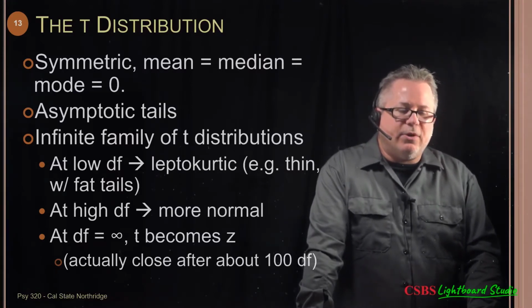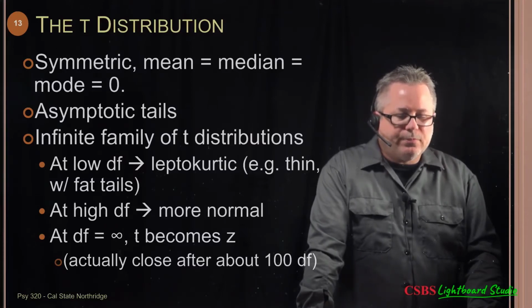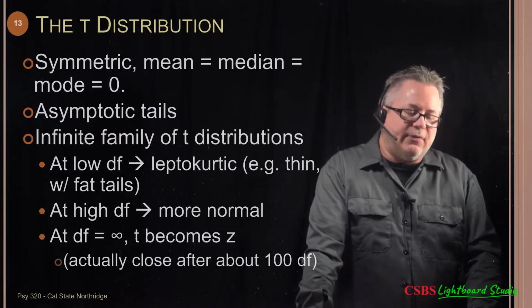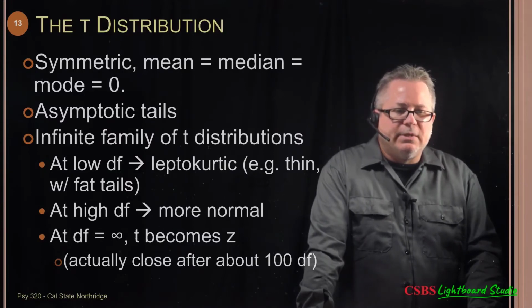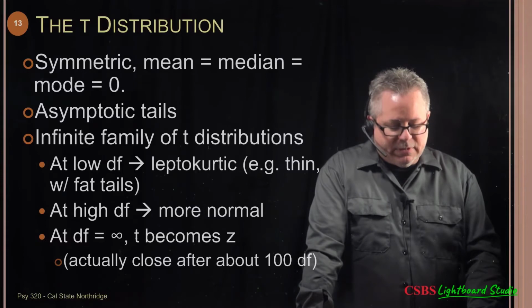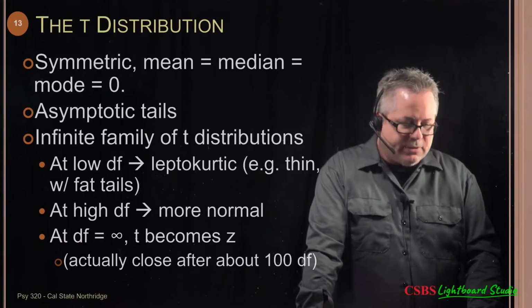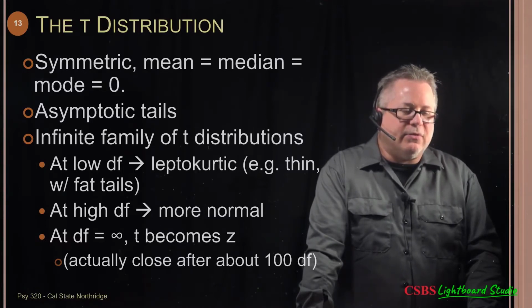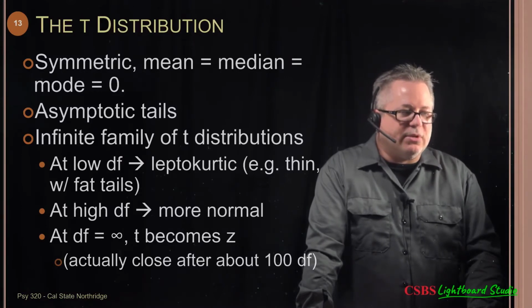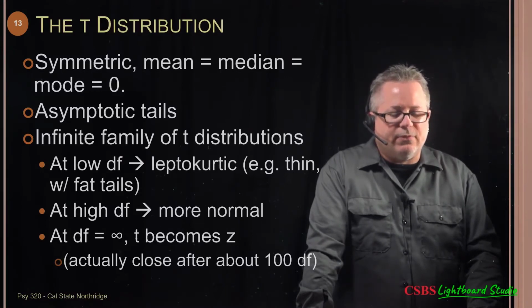At high degrees of freedom, it becomes a lot more normal. And technically, if you just have an infinite number of degrees of freedom, T and Z are exactly the same. So at super large degrees of freedom, there's no difference between Z and T. They become pretty much the same thing. Matter of fact, you can assume that Z is just the T distribution at an infinite number of degrees of freedom.